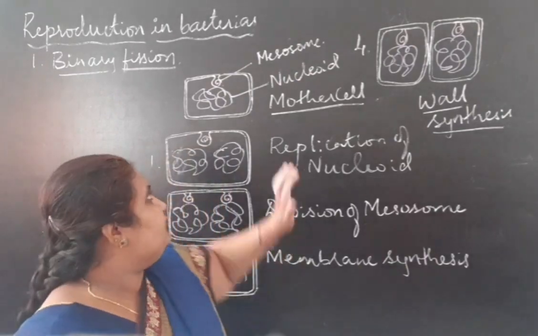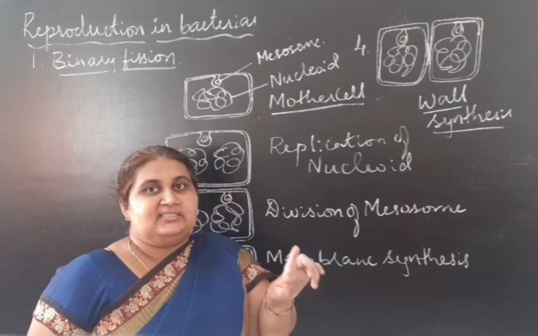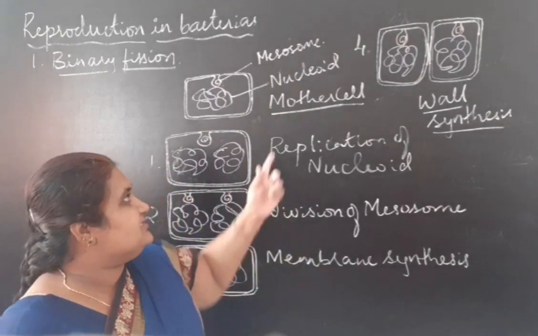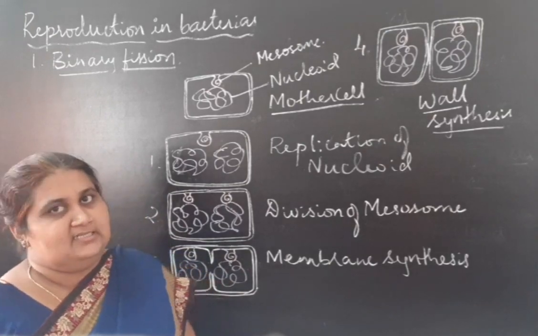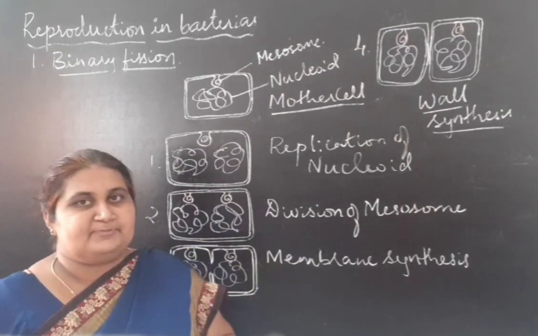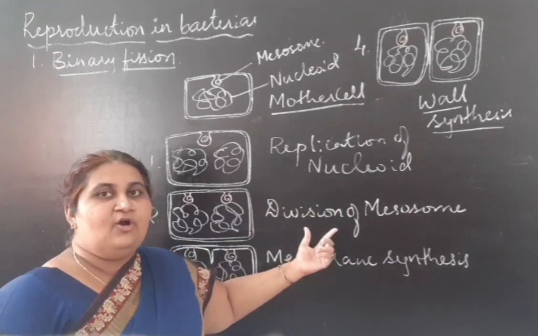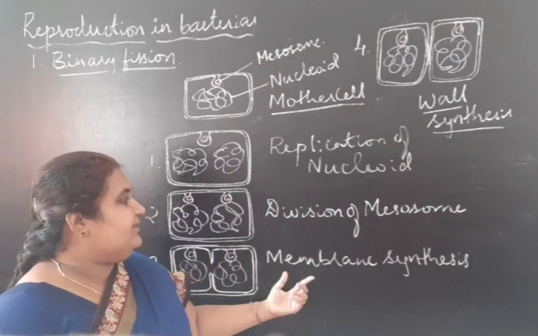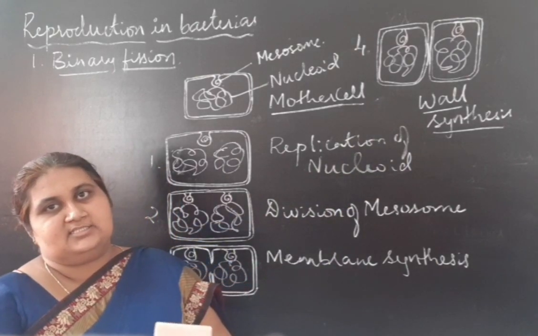At every 20 minutes, one bacterial cell produces two new daughter cells, and there are four steps involved: replication of nucleoid, division of mesosome, membrane synthesis, and wall synthesis.